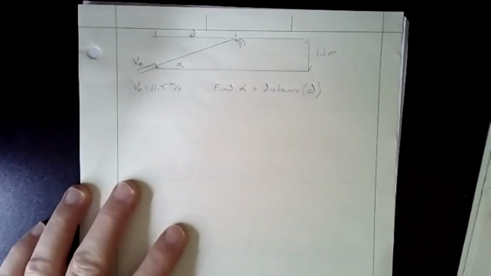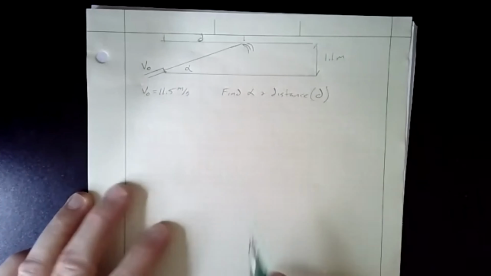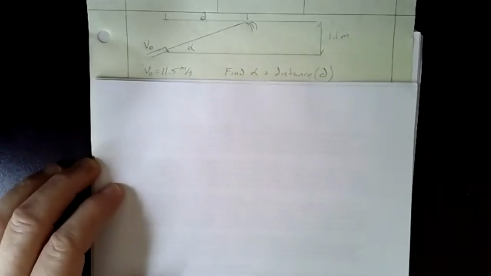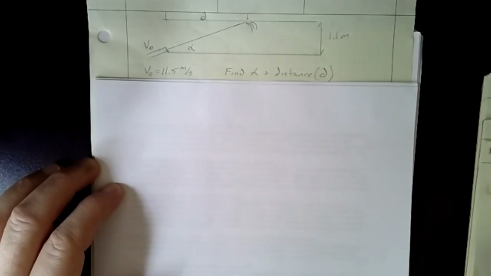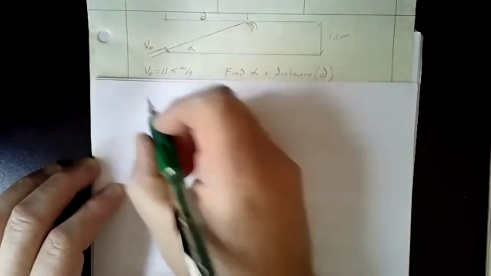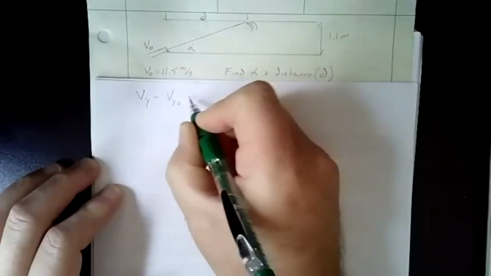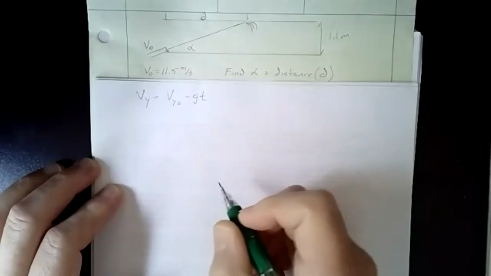So again, we're going to use our basic equations. Go ahead and just write it on here, easier. We're going to have Vy equals Vy naught minus GT, for velocity.